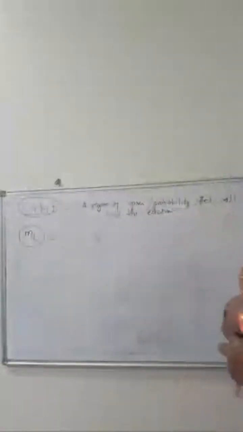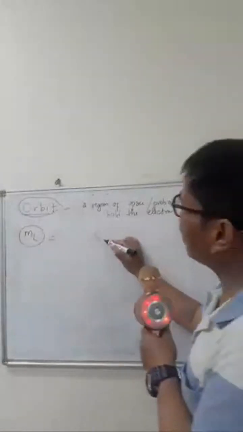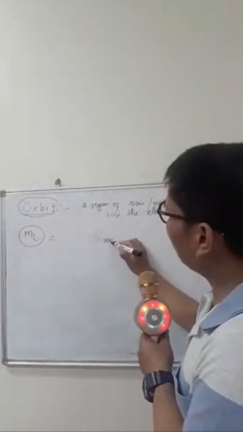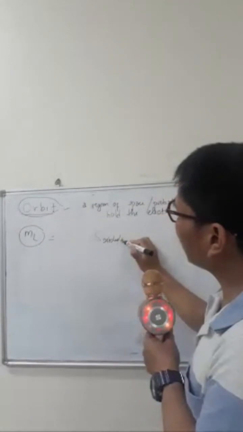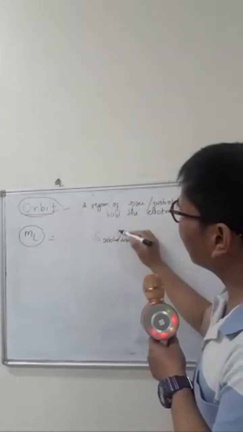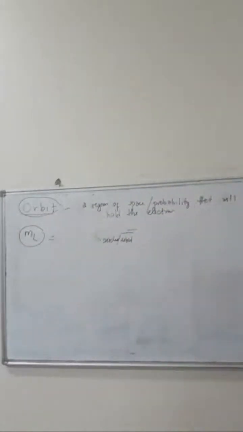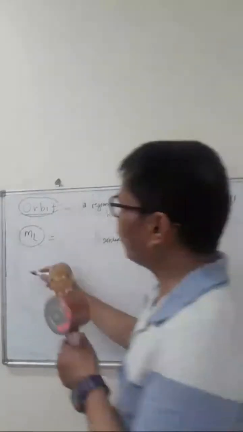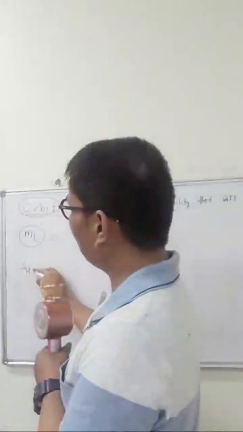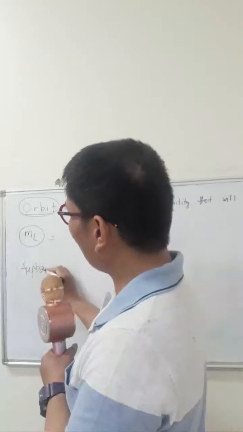So S, subshell. Whether subshell or sublevel, that's fine. You get the point? How many orbitals are there in S? Now, in this, you need to remember the Aufbau principle.